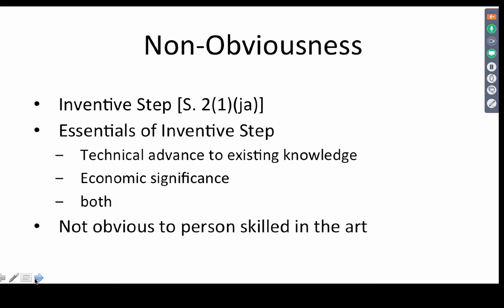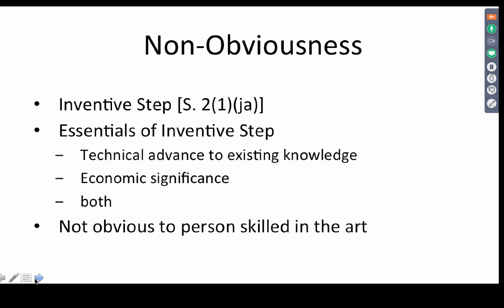But normally, what courts will look at is whether it was something which a person in the field could logically be expected to do. If a person in the field could logically be expected to do it, we don't attribute that as an inventive step. What a person would logically do is captured as obvious.